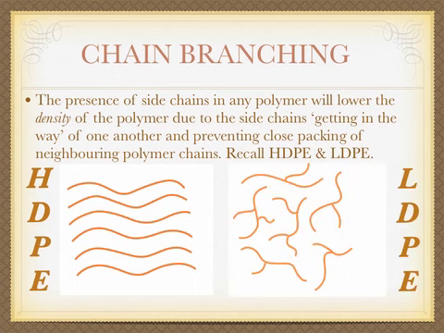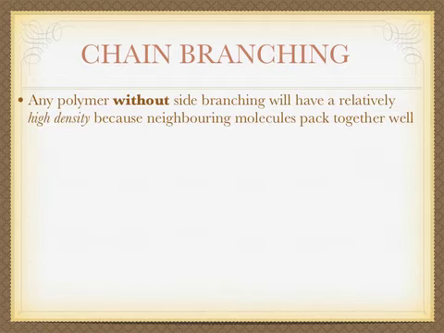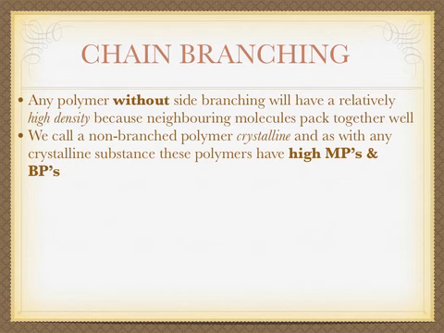Again, schematic representations on the right hand side of screen, you can see low density polyethylene is low in density because it has side chain branching. Now, any polymer without side chain branching is going to have a high density because it's able to pack neighbouring molecules closely together. We call these types of polymers crystalline polymers.